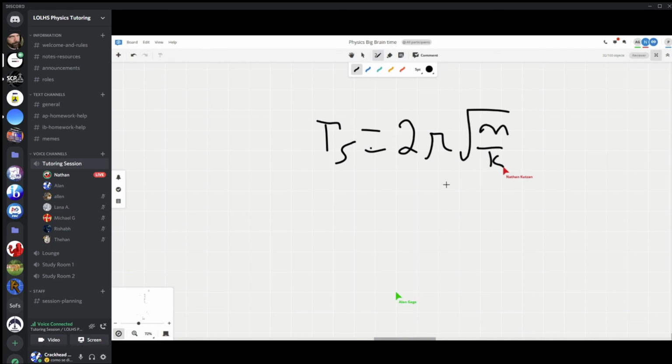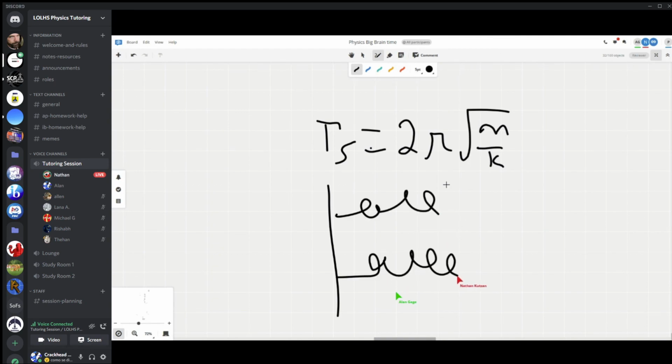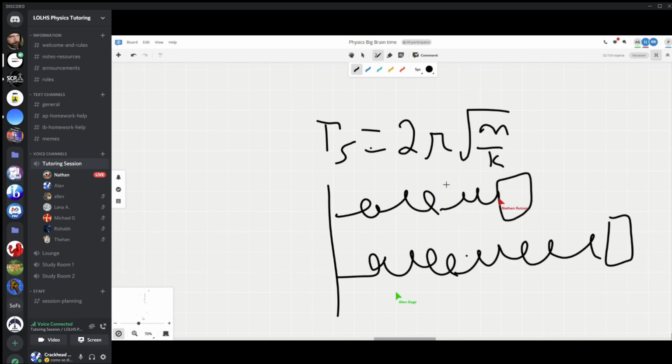So if I have two springs, and this box I extend all the way out and this box I extend just a little bit, and I let them go, they will have exactly the same period. They will reach their negative displacement at exactly the same time, and their maximum positive displacement at exactly the same time. The only difference is the bottom one is going to move much faster, because it has to travel a much greater distance in the same time.